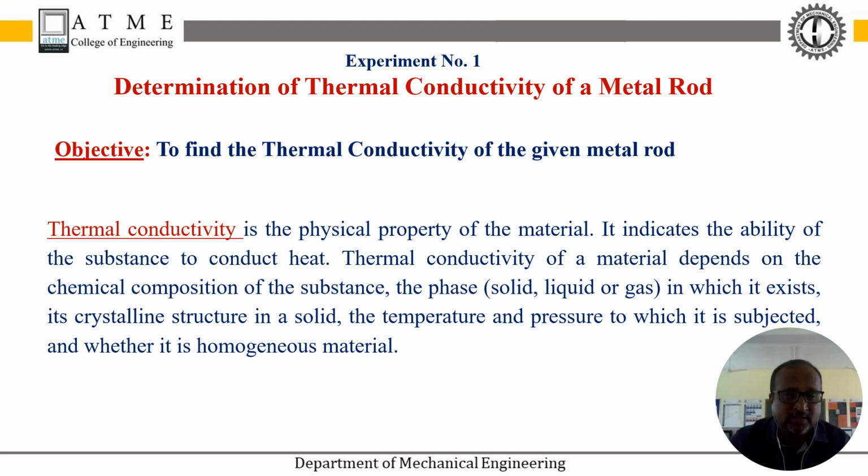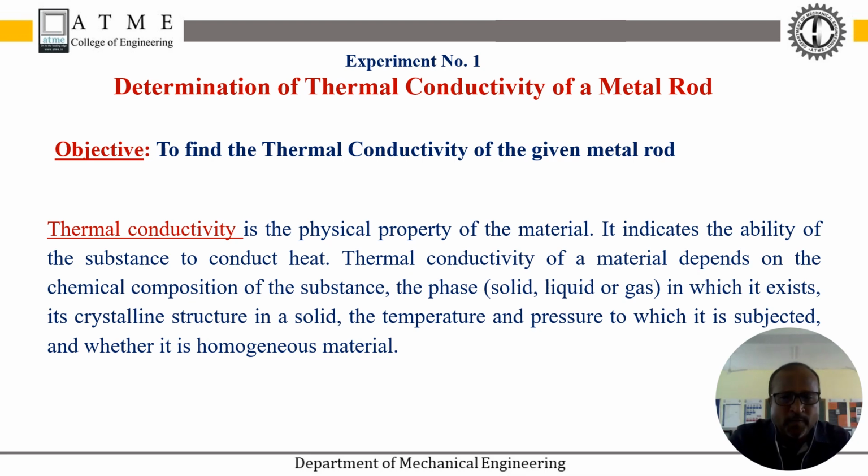Applications of this property arise when there is a situation wherein you need a very good conductivity material for transferring heat quicker. For example, the fins of air-cooled IC engines, where the heat has to be transferred quicker, you have to use a material for the fins which has higher thermal conductivity. And the other case, for example, the handle of a domestic cooker, which you use for cooking food.